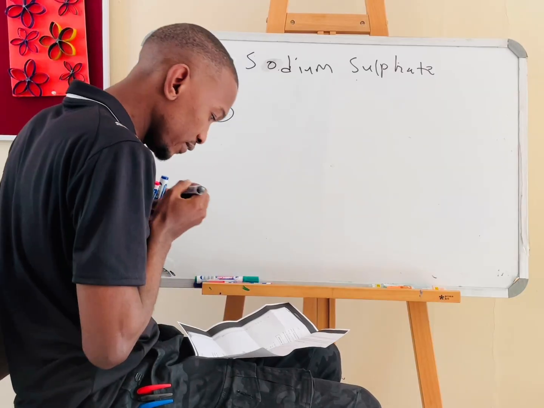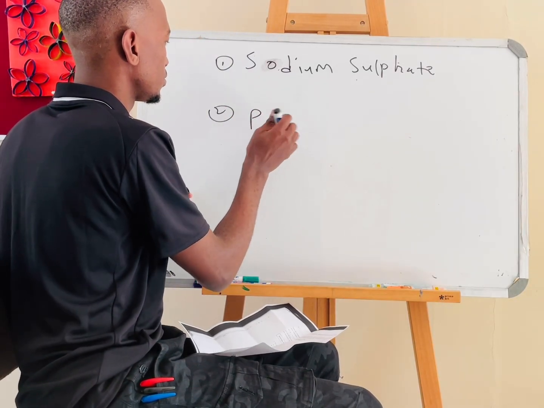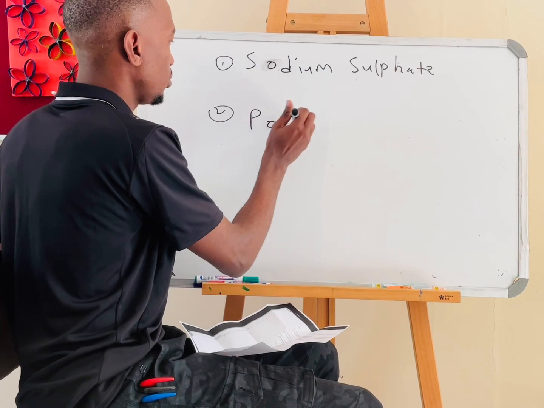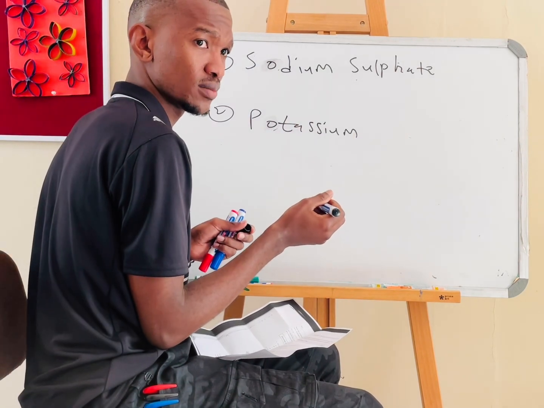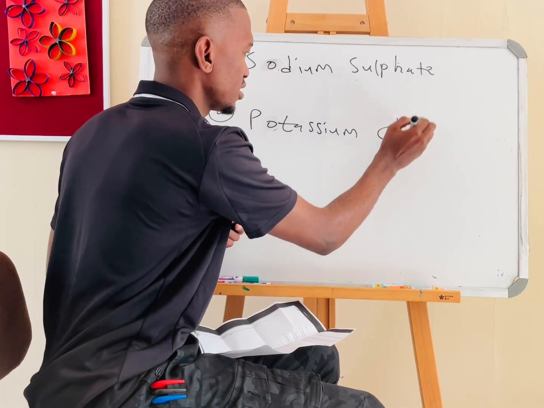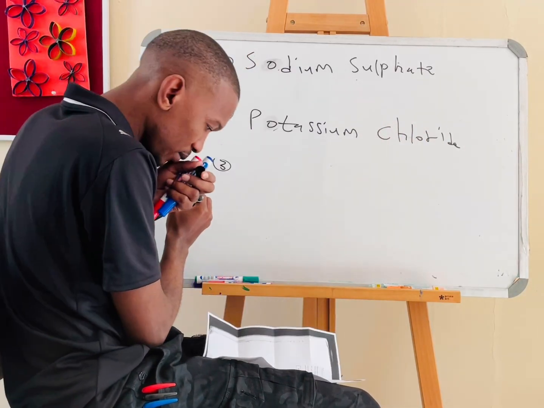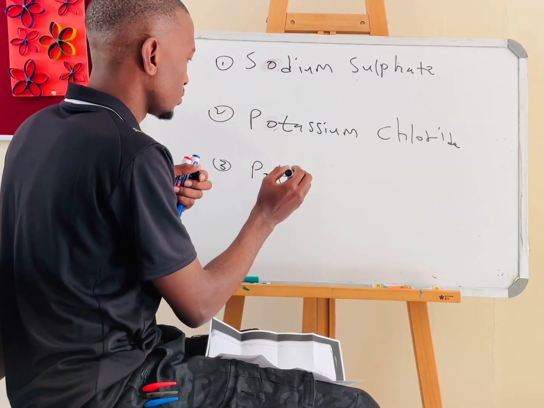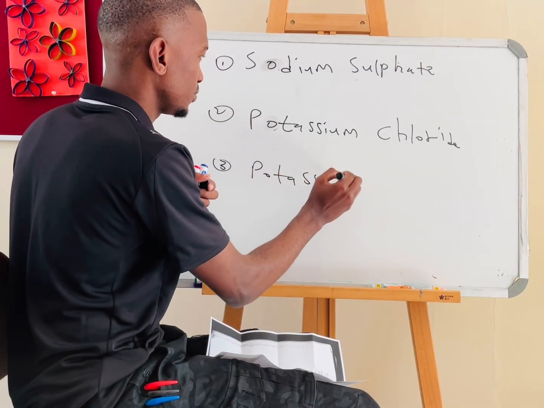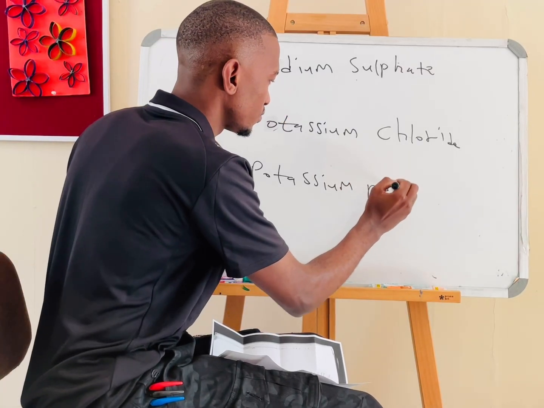Number 2, you are given potassium chloride. And then number 3, I have potassium permanganate.